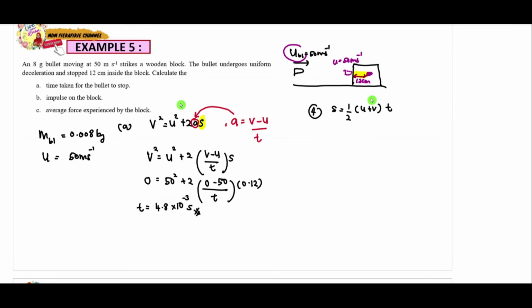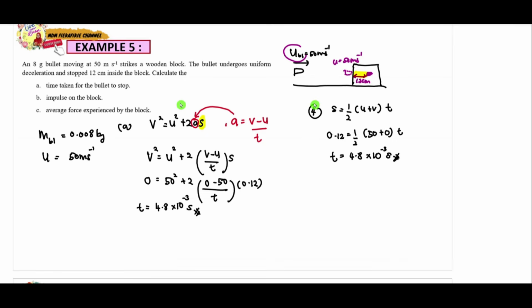We have met this equation before, even when you were in school. This equation is actually from the 3 basic equations that you memorise, v equal u plus at, s equal ut plus half at squared, and v squared equal u squared plus 2as. This equation has no acceleration. So when we substitute all the values, we get 50 plus 0, and t is equal to, the answer is the same, 4.8 times 10 power of negative 3 seconds. So that is if you use the fourth equation.